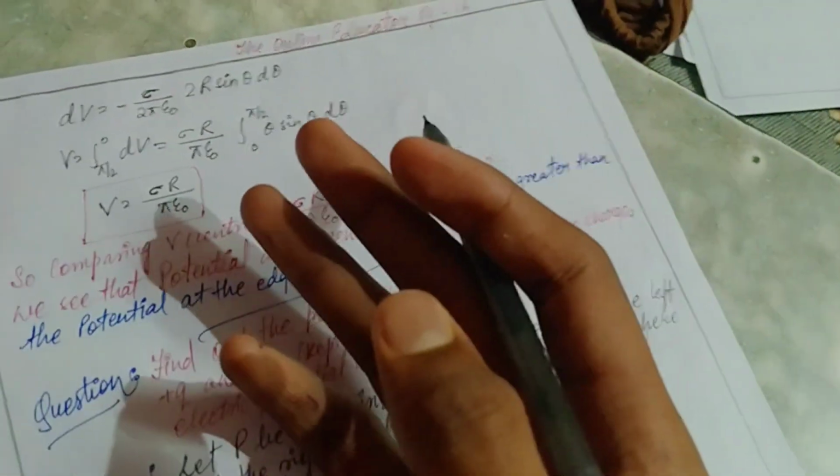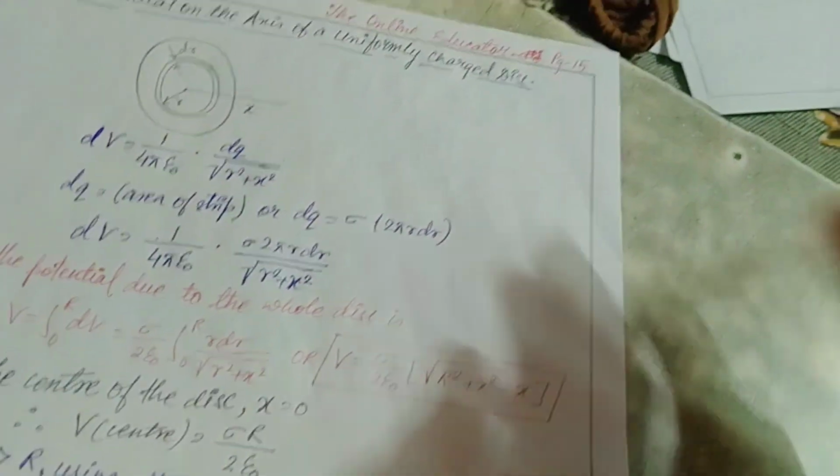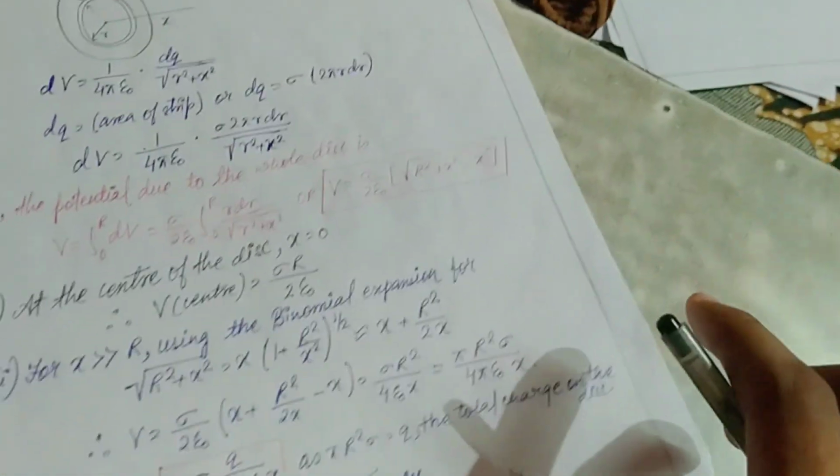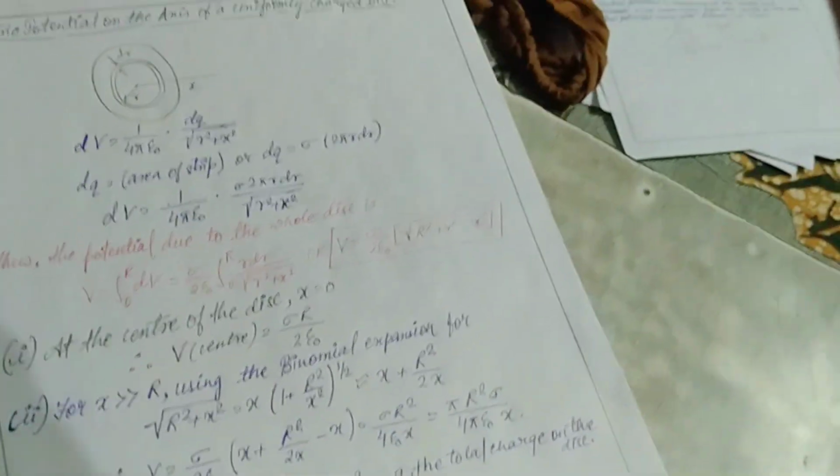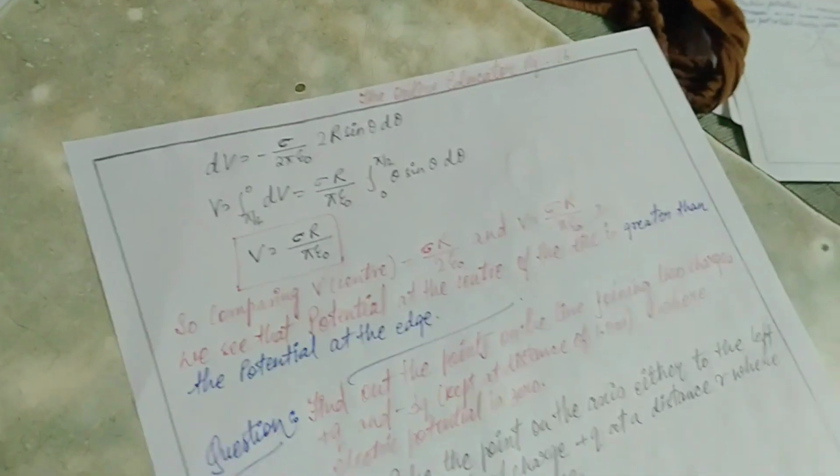As we saw earlier, the more we come close to the center, the electric potential is increasing, and the more we go away from the center, the electric potential is decreasing. So at the center, the electric potential is the maximum, as we discussed earlier in the video.